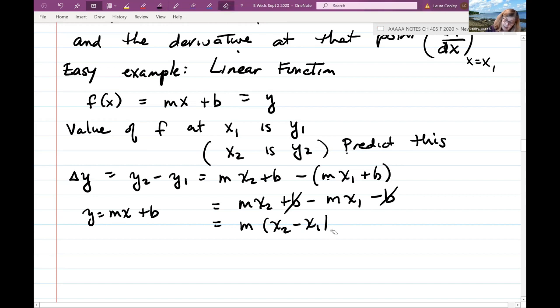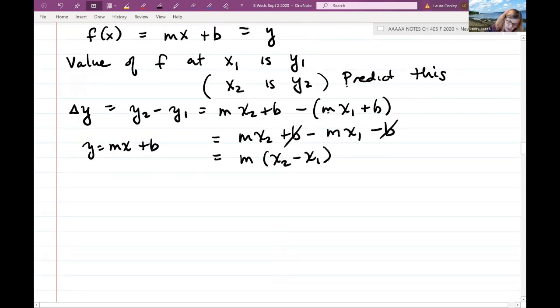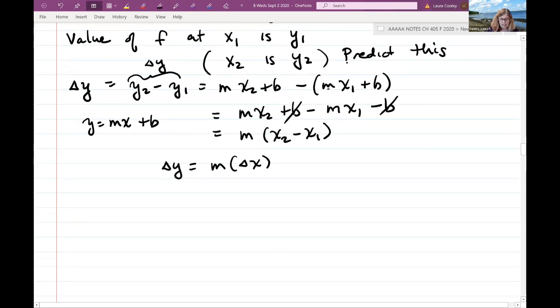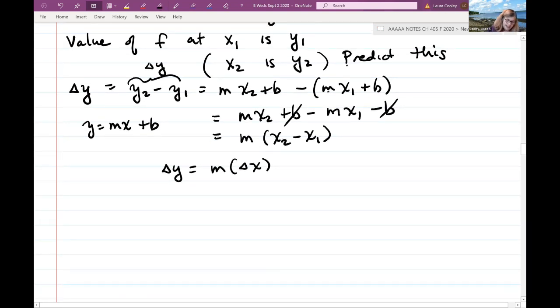So we really haven't done anything too interesting here, right? I've just shown you that delta y, the change in y, which by the way is also the change in f, the change in the function, is the slope times the change in x. So there's nothing really earth-shattering over here, okay? We know that the change in the function should be the slope times the increment in x.